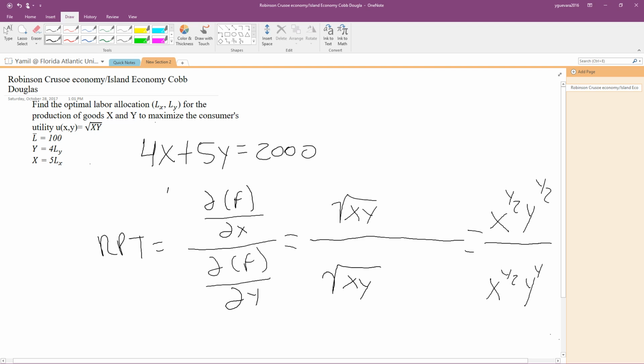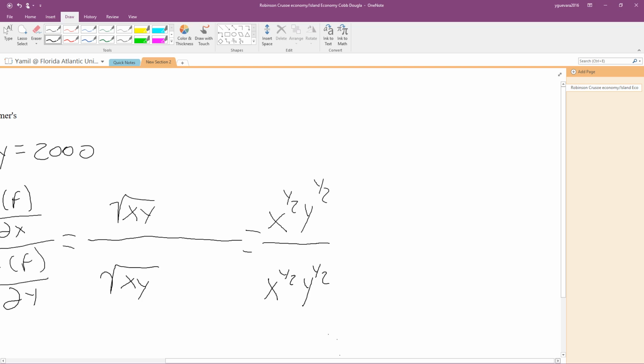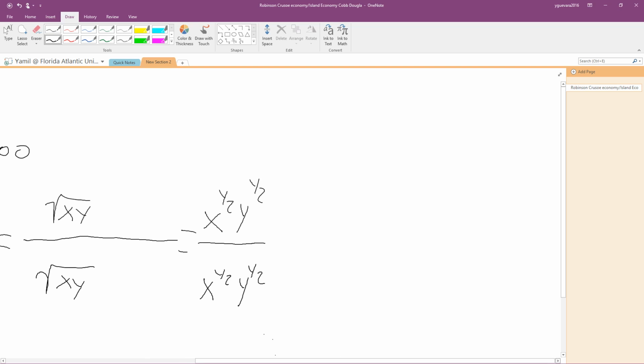I feel it's easier and more organized, because now I know I'm going to use the power rule of derivatives to solve this problem. So let me tell you what I'm planning to do, that way you know what I'm doing. If you know the power rule for derivatives, you know what I'm going to do.